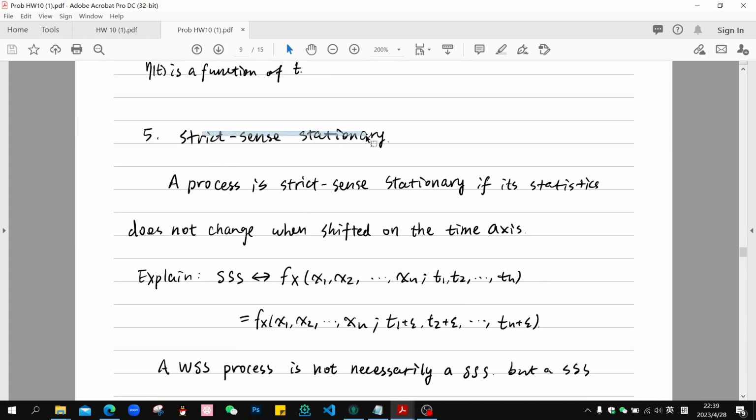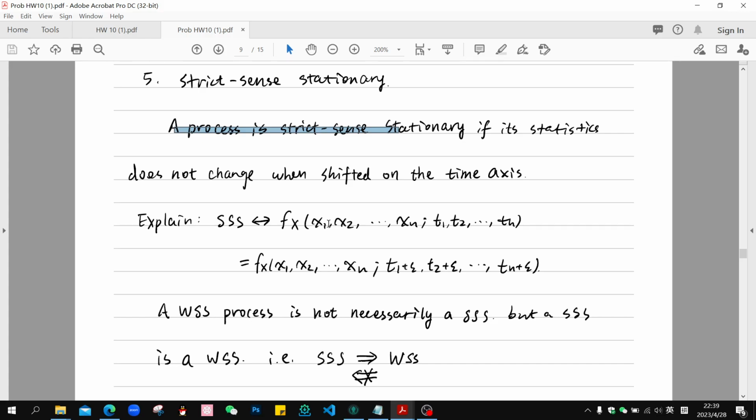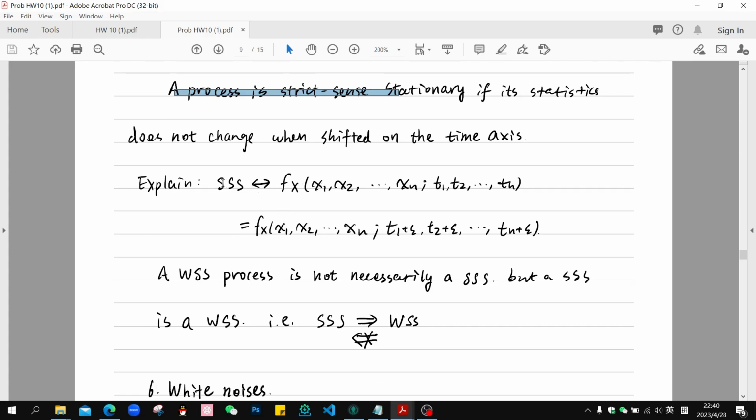Strict-sense stationary. A process is strict-sense stationary if its statistics do not change when shifted on the time axis. That is to say, a strict-sense stationary property implies this equality.